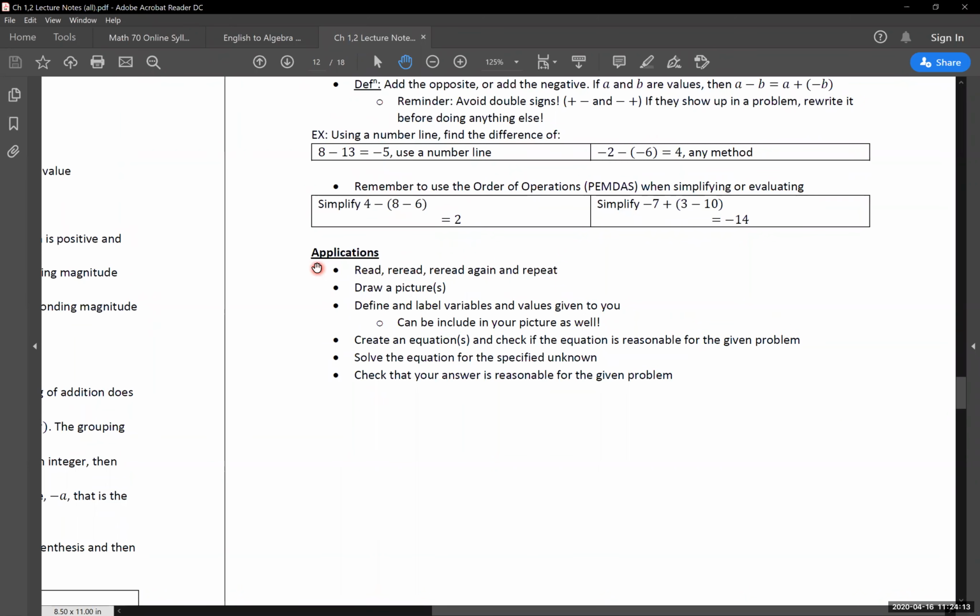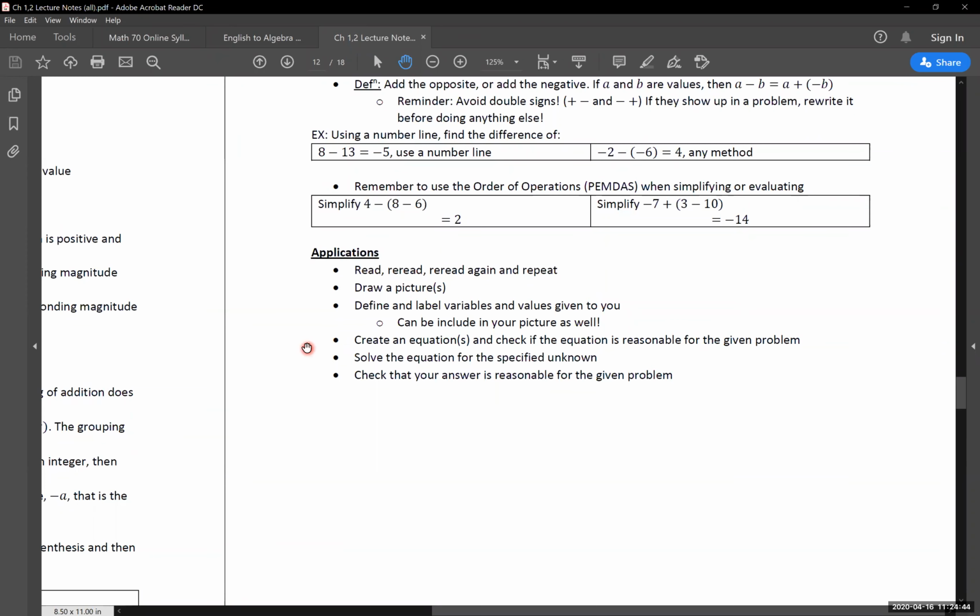No. Write something down, make some modifications to it, reread the problem, see, does this equation that I've made make sense with the problem that I'm working with? Maybe you need to adjust it a couple more times. But again, a lot of people want to go with, I read it once, this equation seems reasonable, I guess I'm going to put some numbers in here, and then I'll solve what's left over. And you don't want to be doing that.